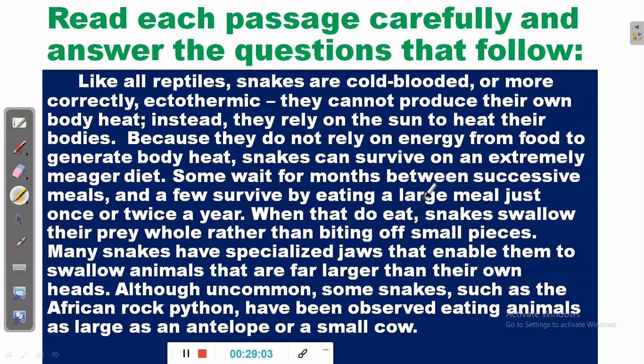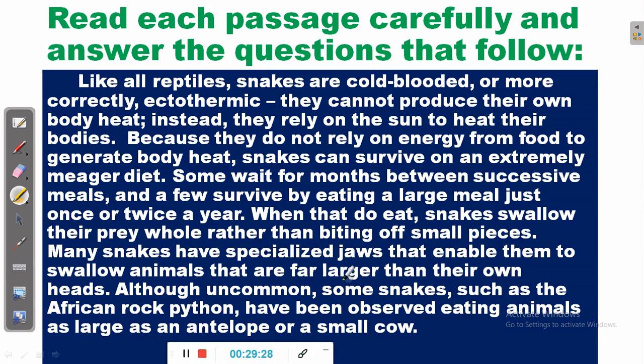Some wait for months between successive meals, and a few survive by eating a large meal just once or twice a year. When they do eat, snakes swallow their prey whole rather than biting off small pieces.